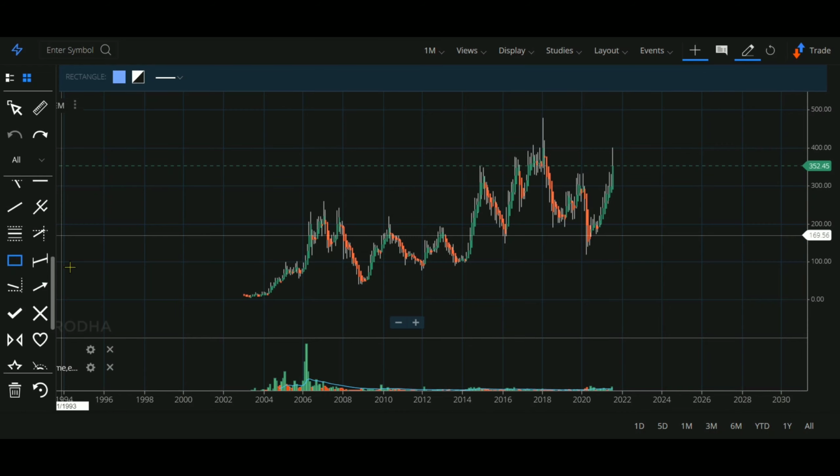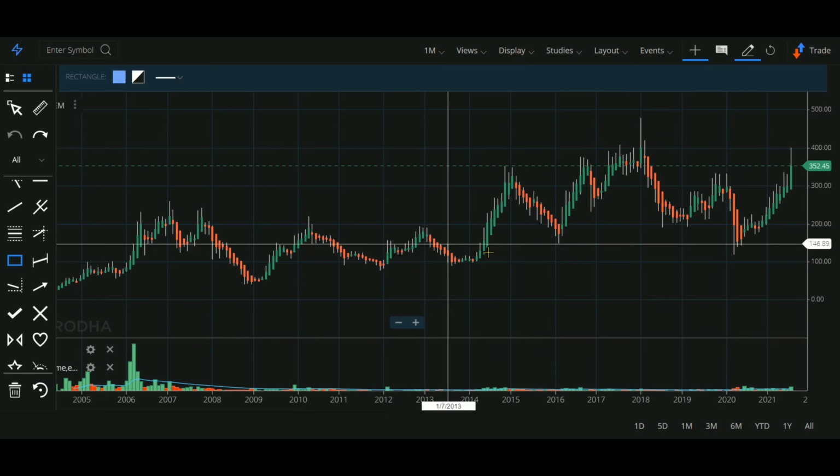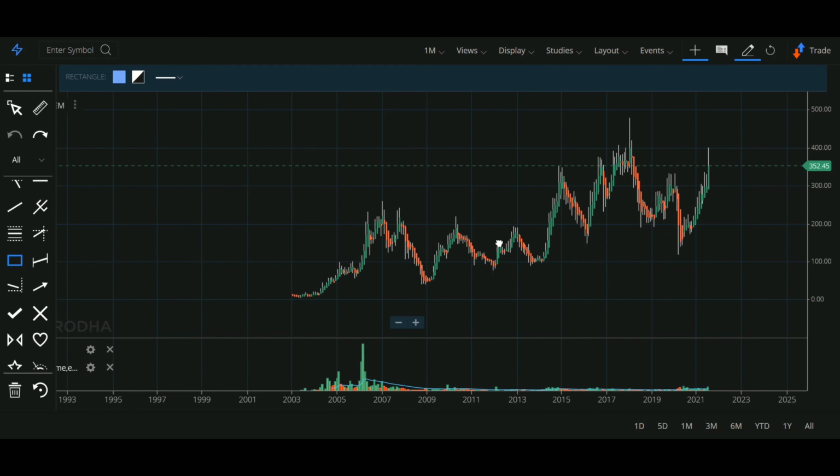I am just historically evaluating how this stock has performed over the years. So this has started over here, and there is a major resistance that you can see, multiple resistances at this point. One is here, one is here, one is here, one is here. So it's a multiple resistance over here.